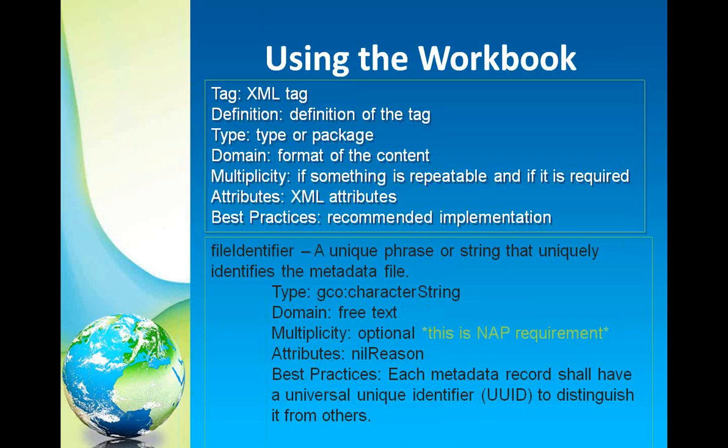This is optional according to the standard, but if you use something like the North American profile, then that's a mandatory best practice. The attribute that is allowed here is nilReason, and we'll go over more about the attributes in the XML basics next week. And then it also would list best practices, which is the recommended implementation. For file identifier, the recommended best practice is that each metadata record should have a universal unique identifier, UUID, to distinguish it from others.